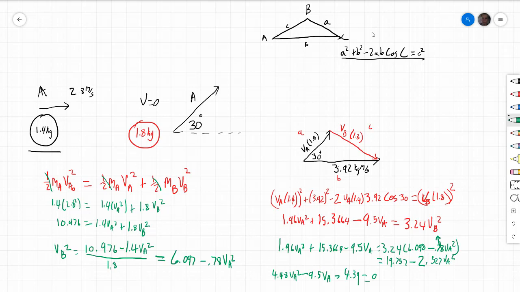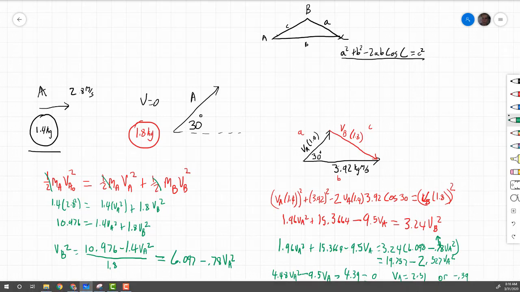That is a quadratic, right? And so I can just solve the quadratic, and our A term is 4.48, our B term is negative 9.5, and our C term is negative 4.39. And when we do that, we get two answers, we can have VA is equal to 2.51, or it's equal to negative 0.39.